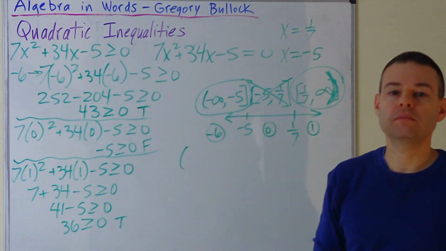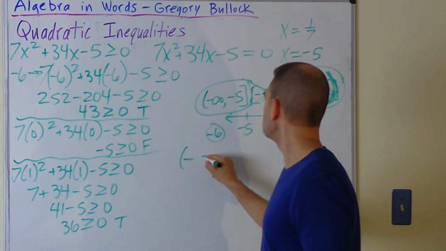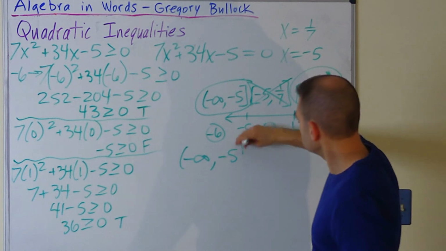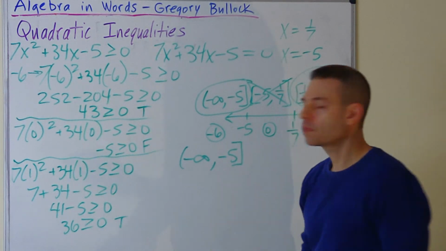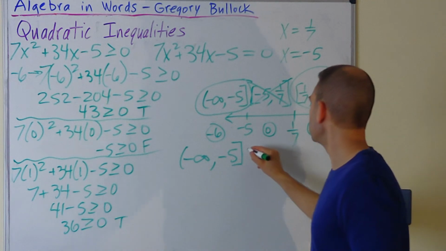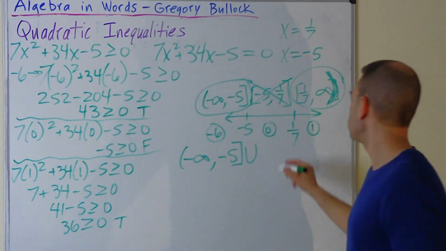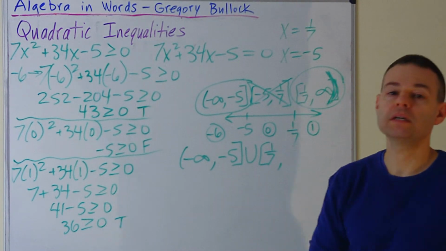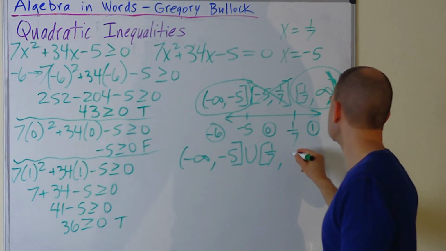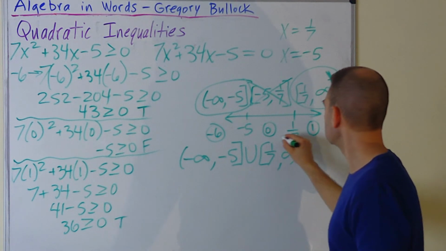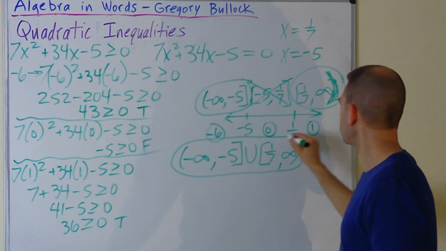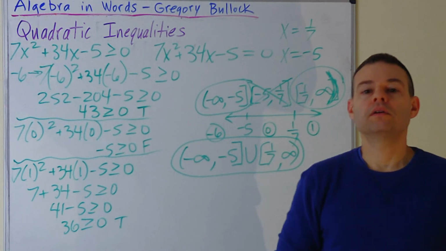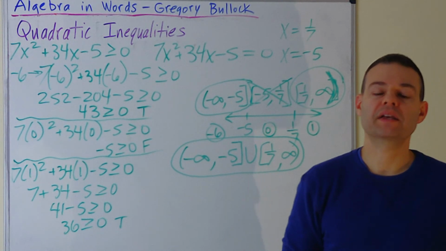So the answer is going to be parenthesis, negative infinity, comma, -5, bracket, and now we're going to put the union symbol, and then bracket, 1/7, comma, infinity, parenthesis. And that is our solution for finding the domain of a quadratic inequality.